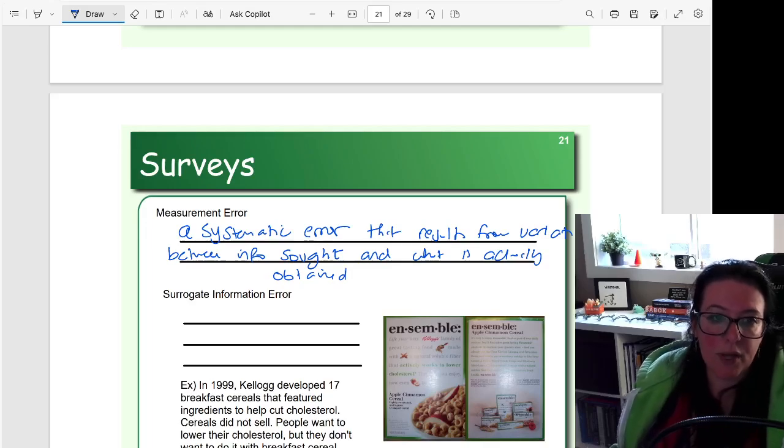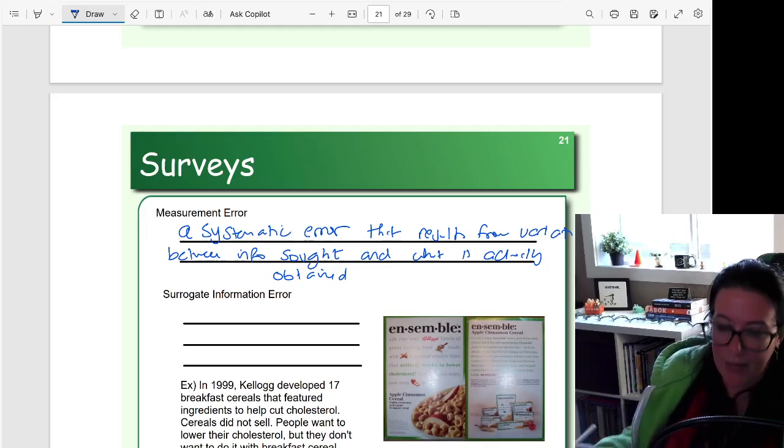So the first example of that is surrogate information error.